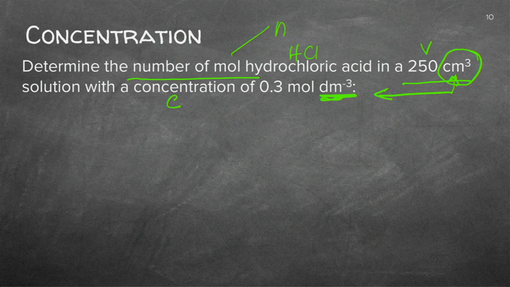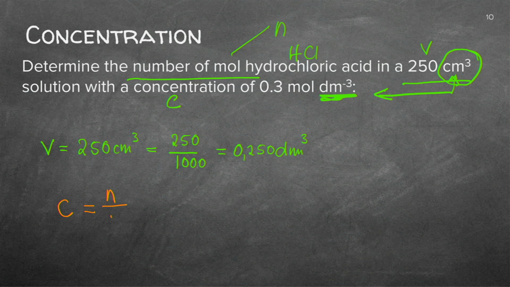We're firstly going to get the volume. So the volume will be 250 cubic centimeters. If I want to take that to decimeters, I'm again going to divide it by 1,000. It'll give me a value of 0.250 cubic decimeters. I now have the same unit as the concentration. Concentration is the mole over the volume.